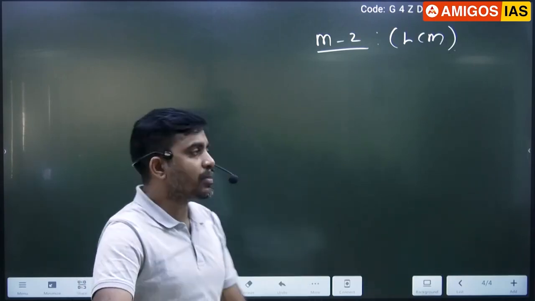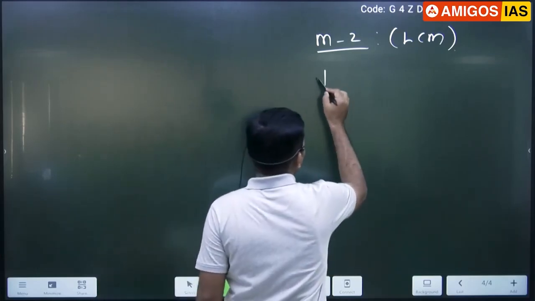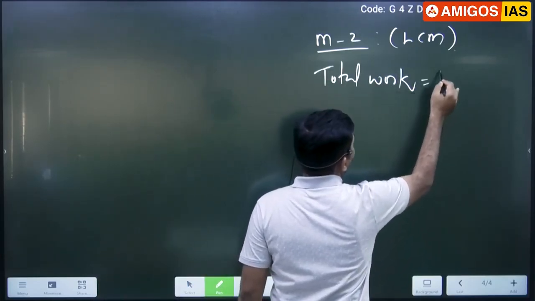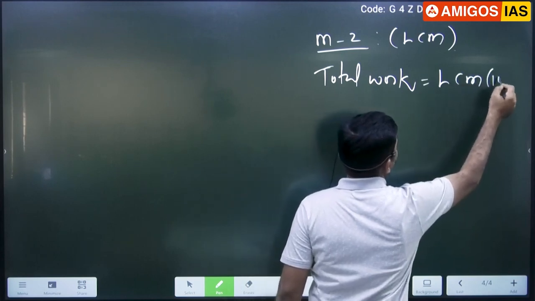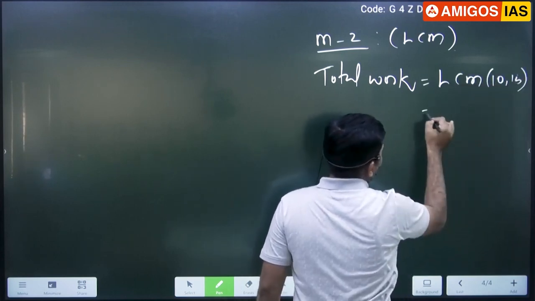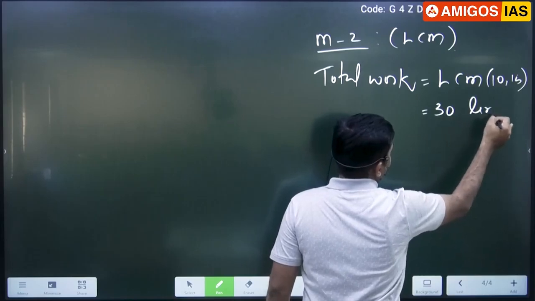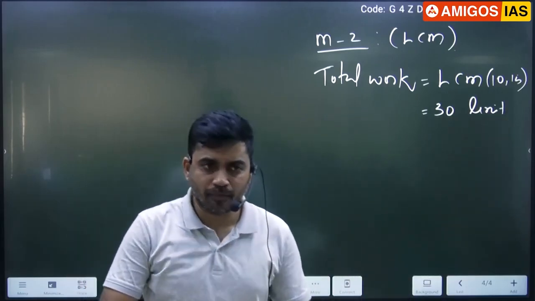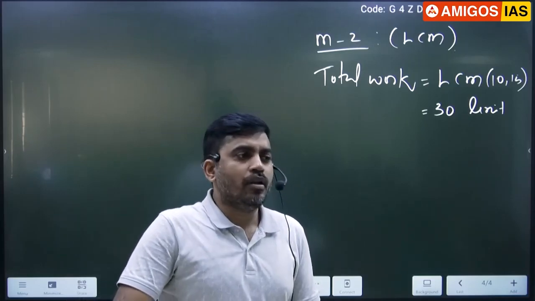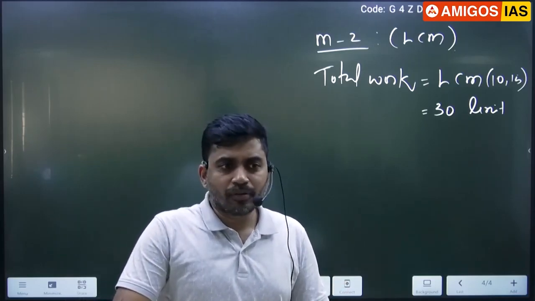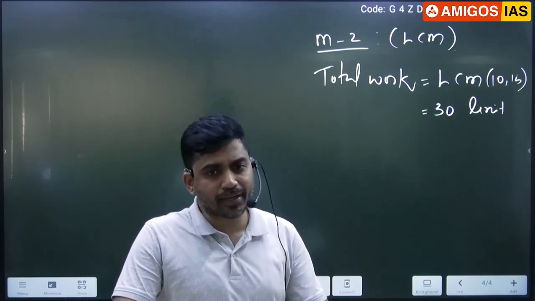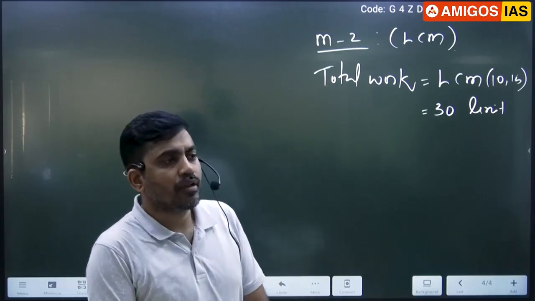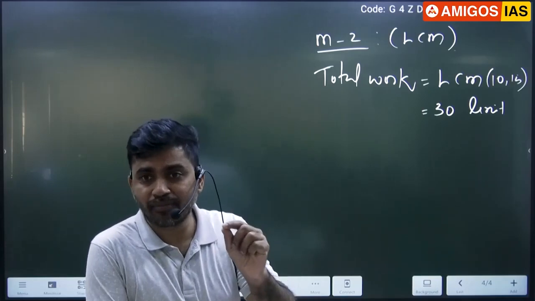In this method, we assume total work is equal to the LCM of 10 and 15, that is 30 units. We assume total work equal to any common multiple of 10 and 15. You can assume 90 also, because 90 is also a common multiple. But if you take the LCM, the least value, simplification will be a bit easy.